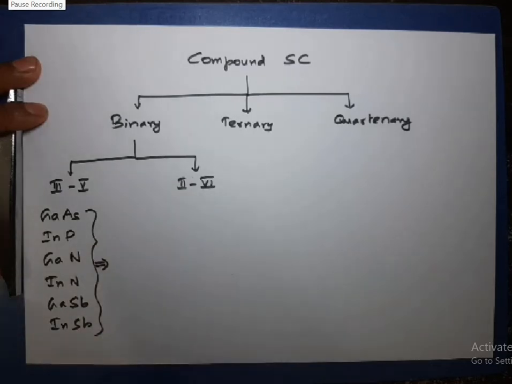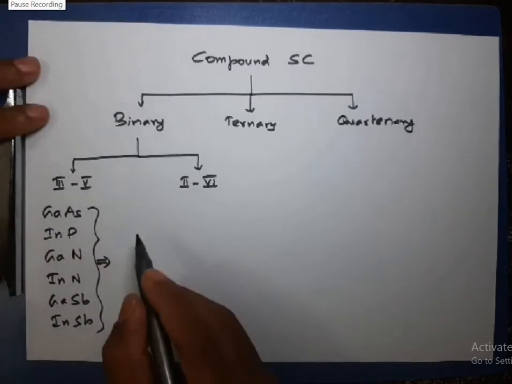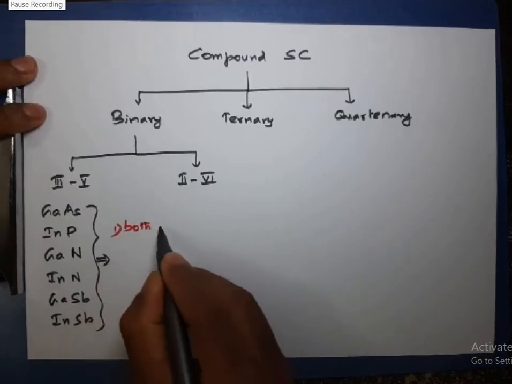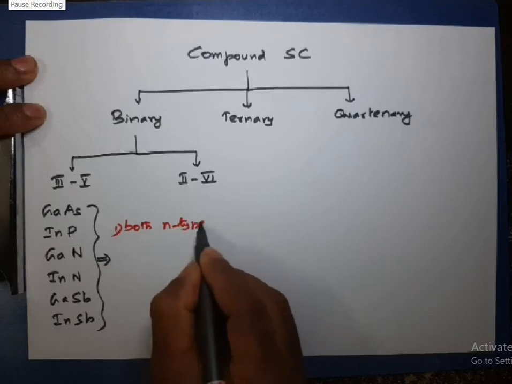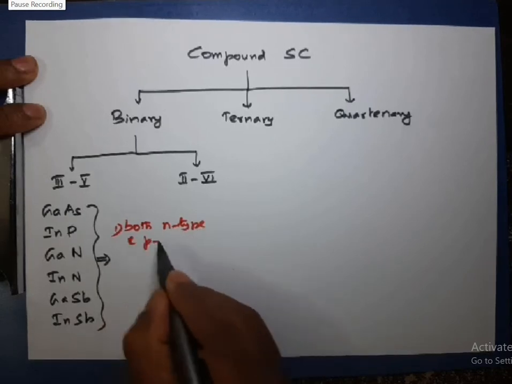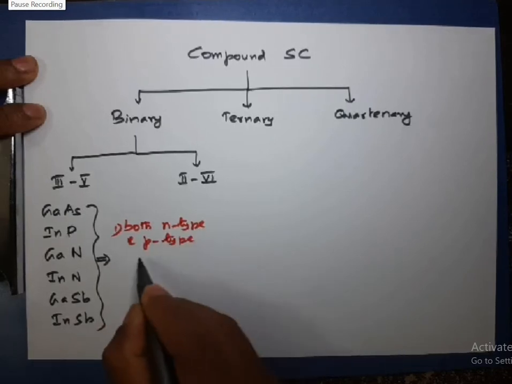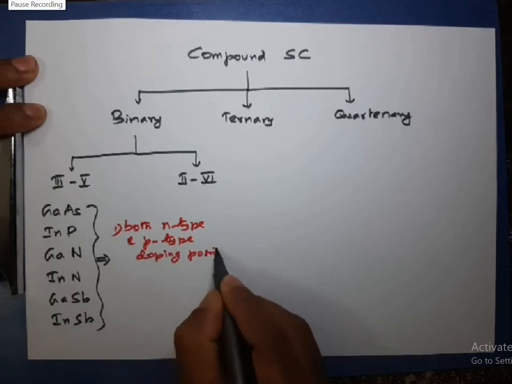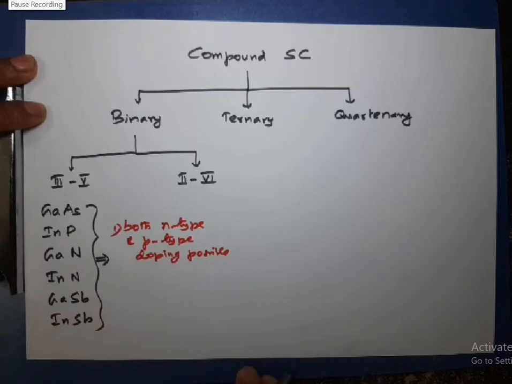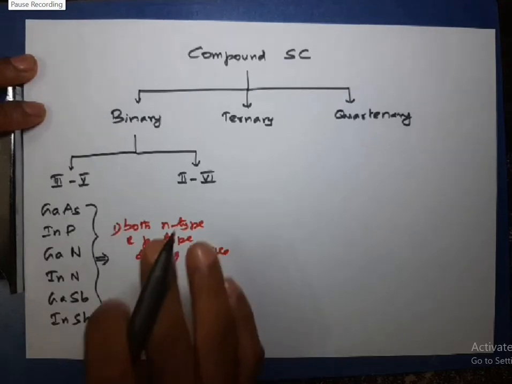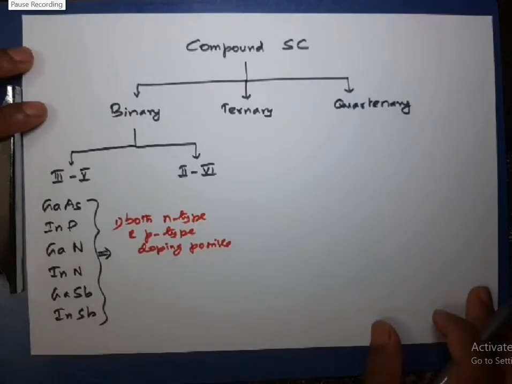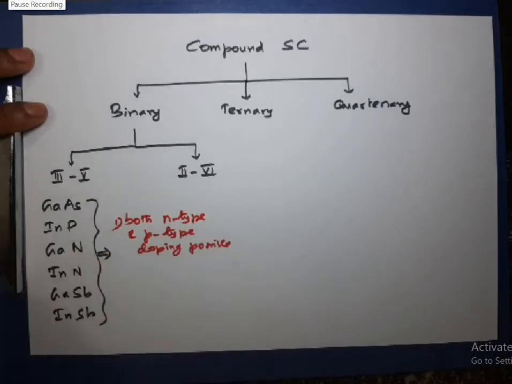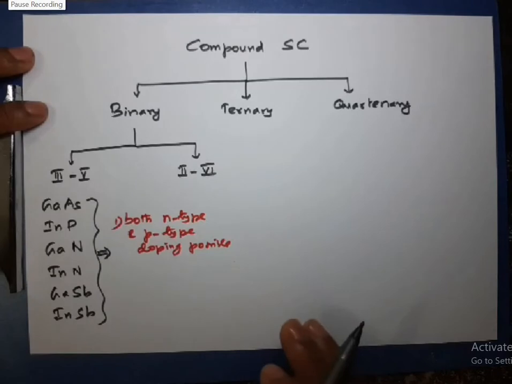Let me just write here: both n-type and p-type doping are possible, which is very much required for making a device.